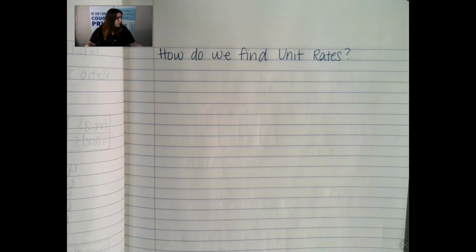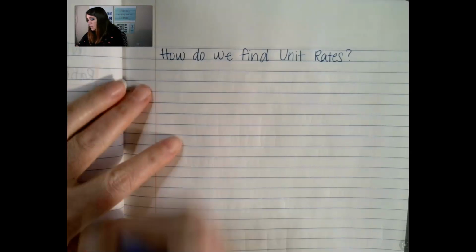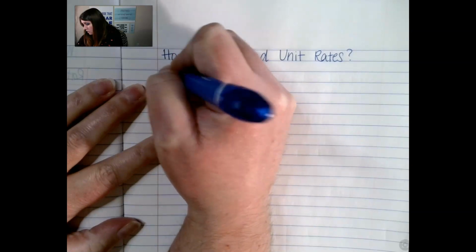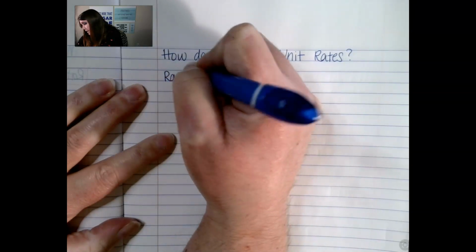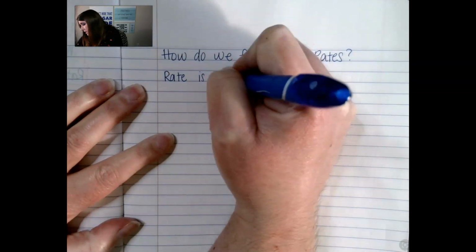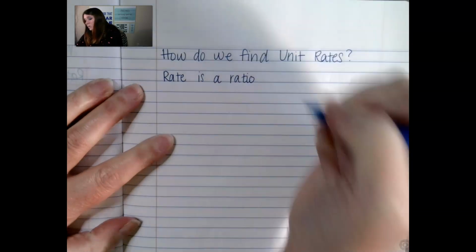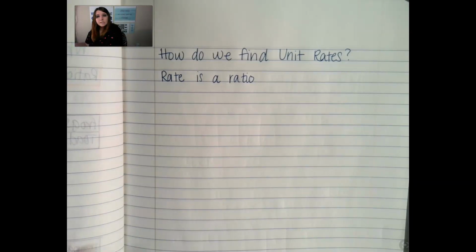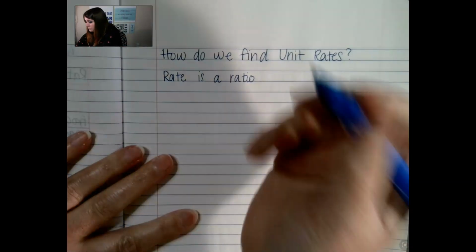So a rate is a ratio of two quantities with different units. A rate is a special ratio, still comparing.